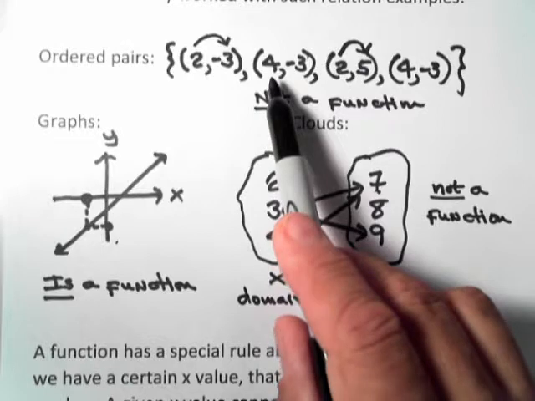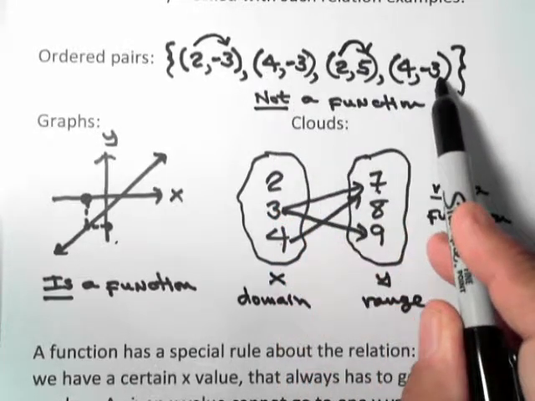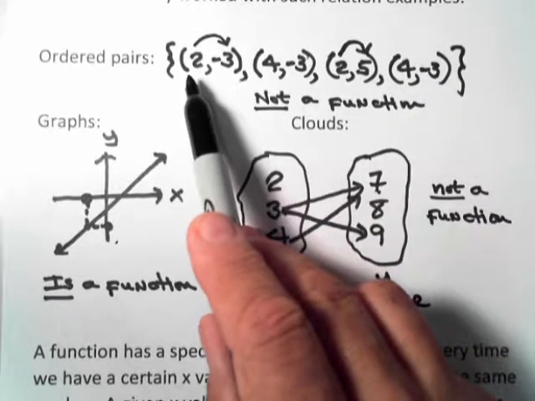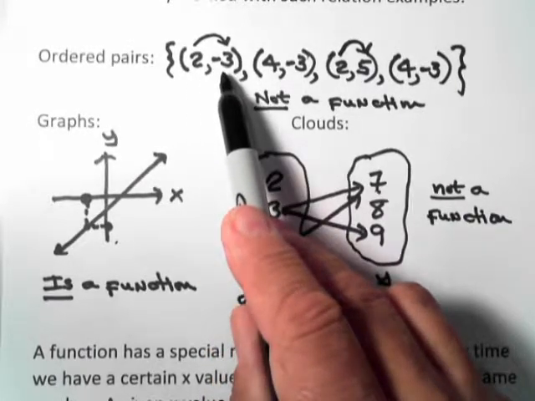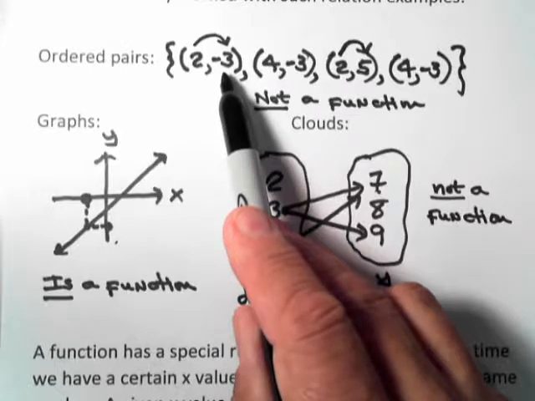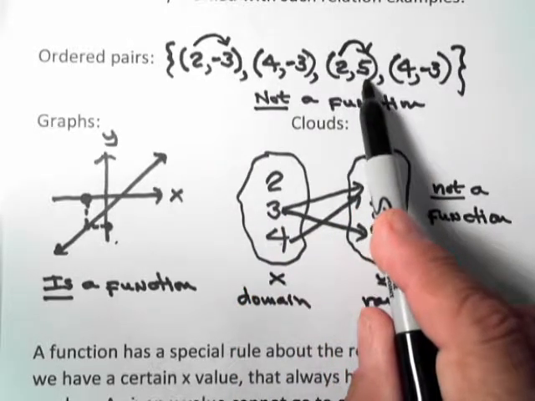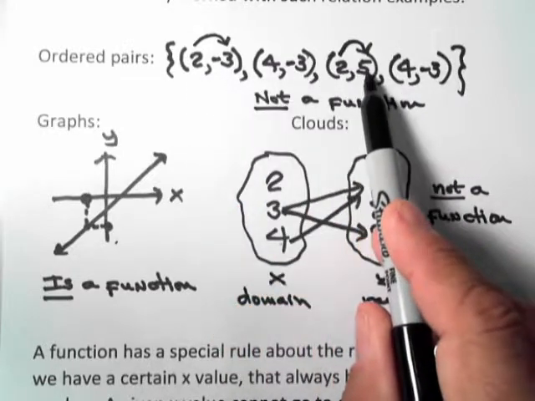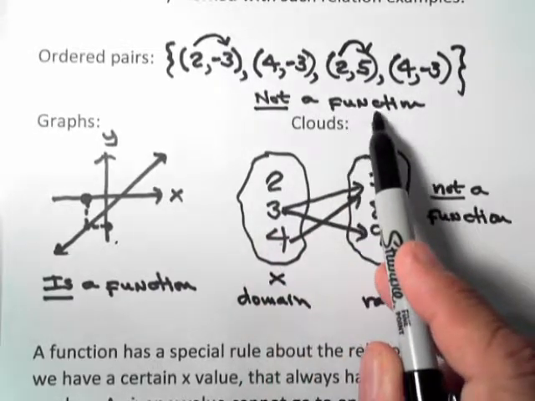But notice the 4, every time it shows up, it goes to negative 3. So it's always going to the same y value, but we've got a problem with the 2's. This x equals 2 goes to y equals negative 3, and this x equals 2 goes to y equals 5. Well, because these are going to different y values, this is not a function.